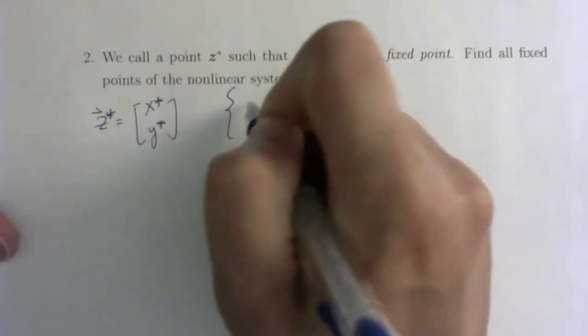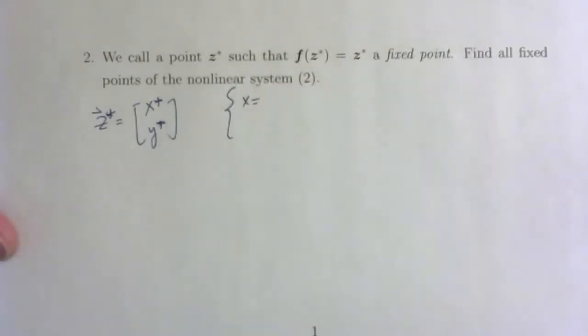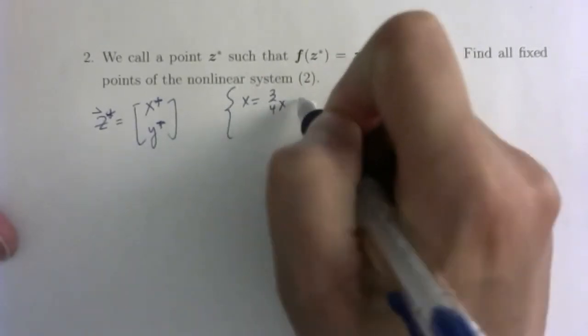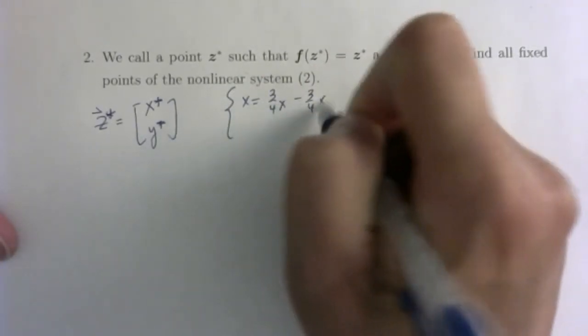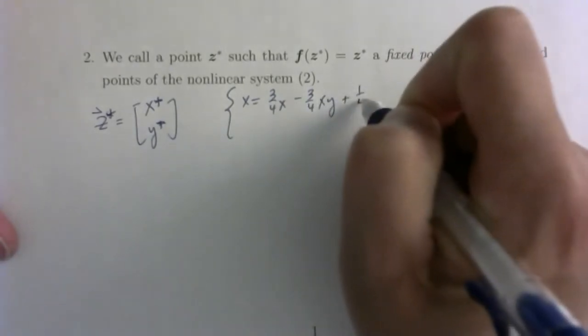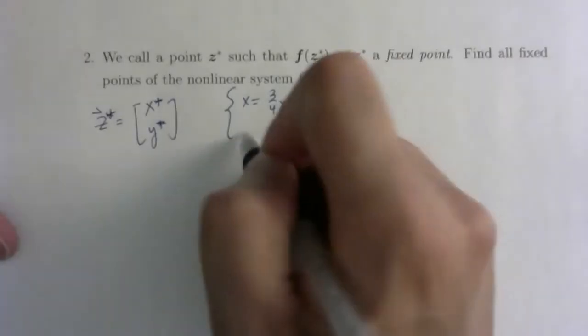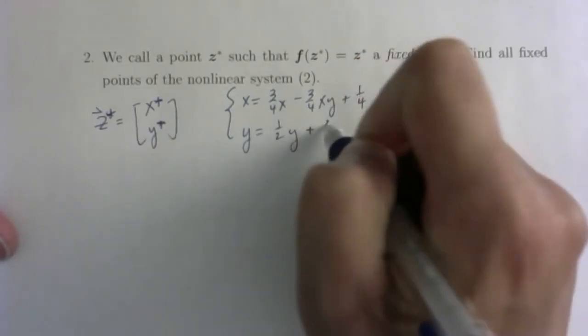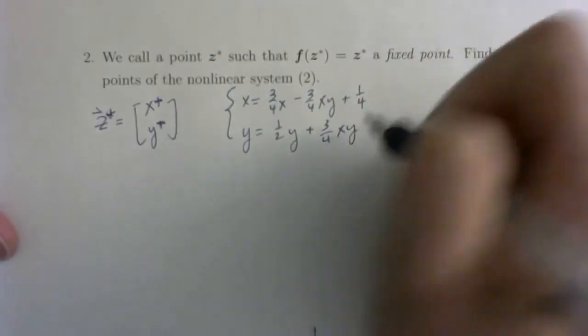So we want to solve the algebraic equations. x is equal to 3/4 x minus 3/4 xy plus 1/4, and y is equal to 1/2 y plus 3/4 xy.